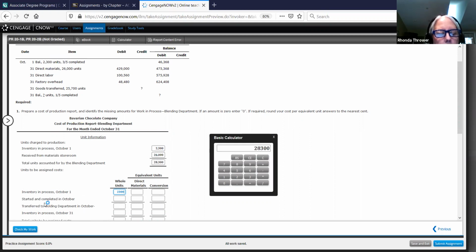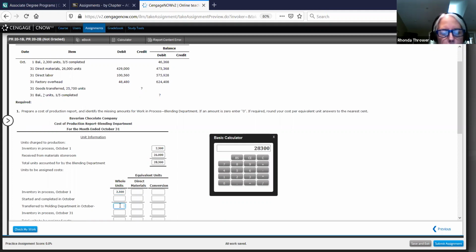What we don't know right now is the units that we've started and completed. But we do know the units that were transferred out of the blending department to the molding department. They told us that we transferred out of the blending department 25,700.